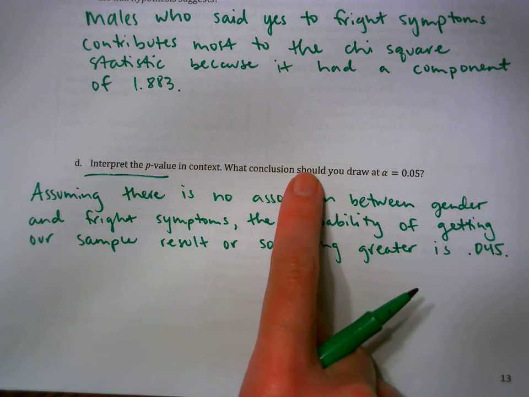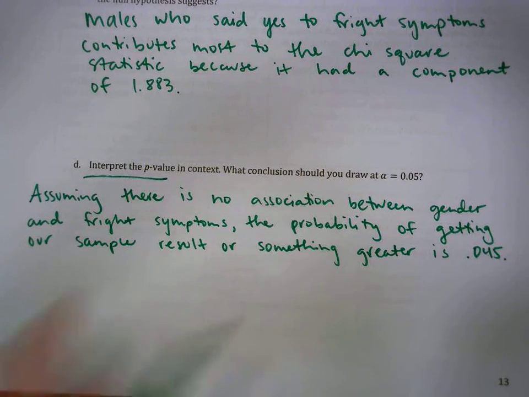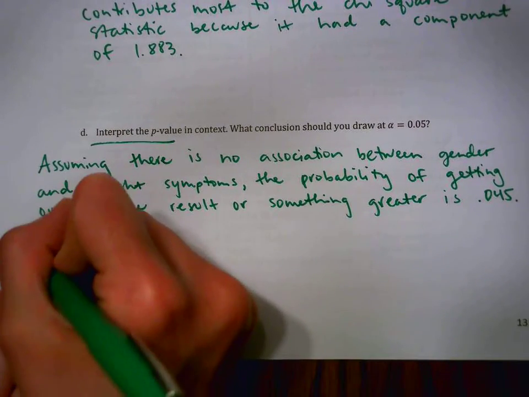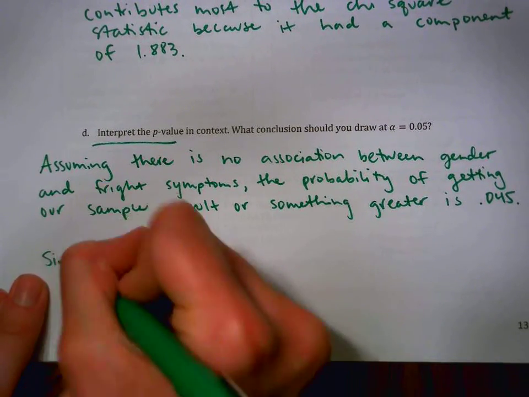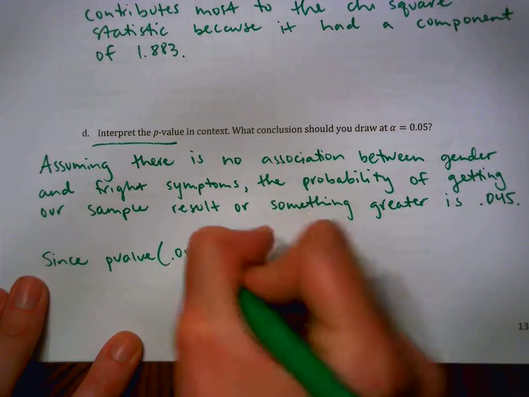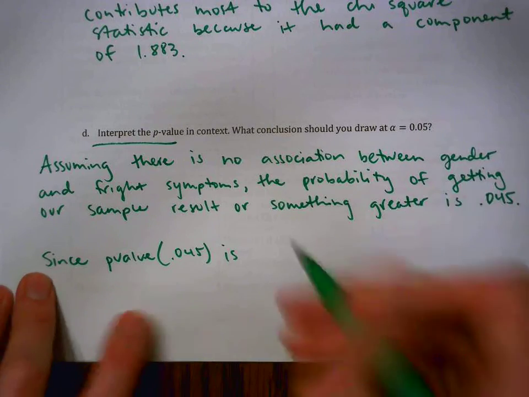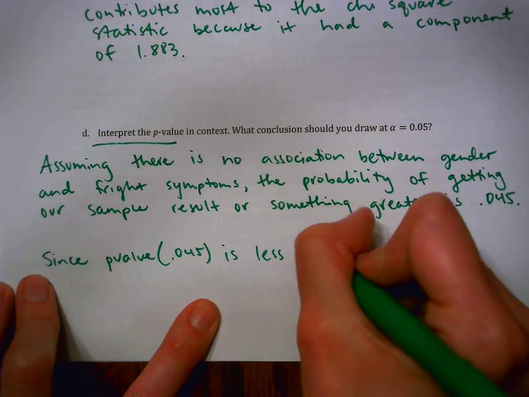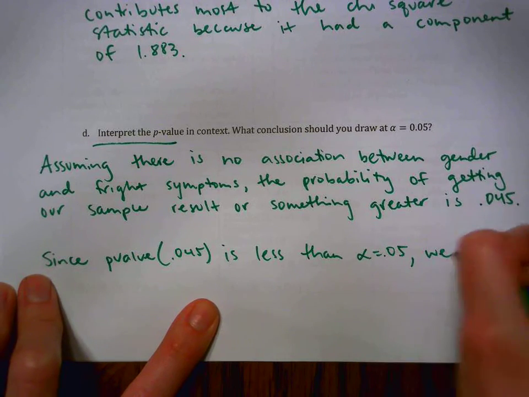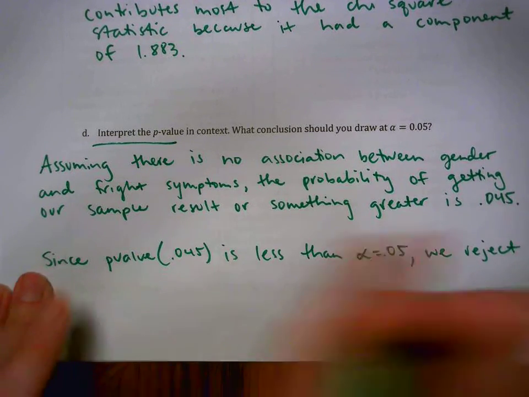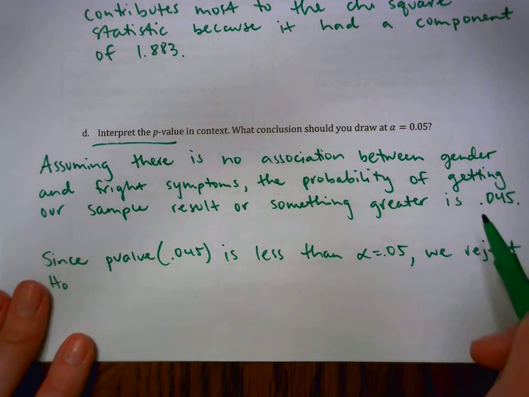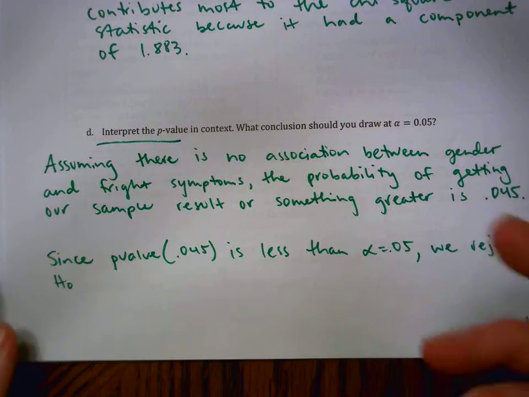Drawing a conclusion is what we always do. It's the conclude part of our state, plan, do, conclude. So you should be able to do this one. Since p-value 0.045 is less than alpha, we reject H0, right, because there's such a small chance of getting our sample result that we think the null probably isn't true.